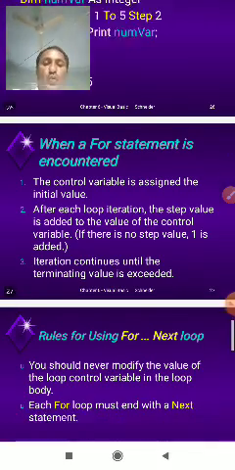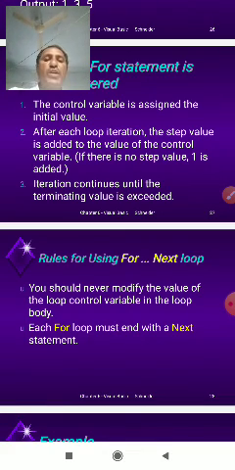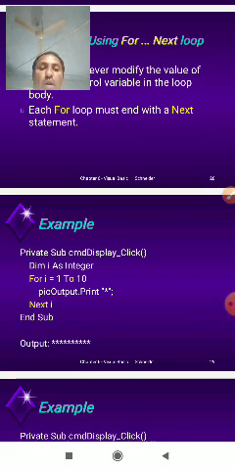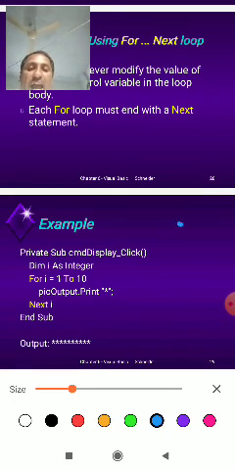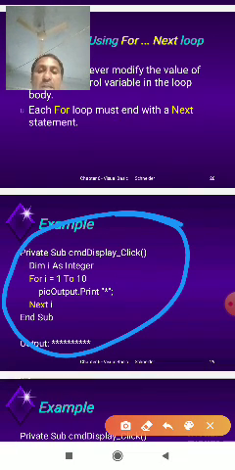In a For Next loop, you should never modify the value of the loop control variable in the loop body. Each loop must end with the Next statement. These programs print the natural numbers.